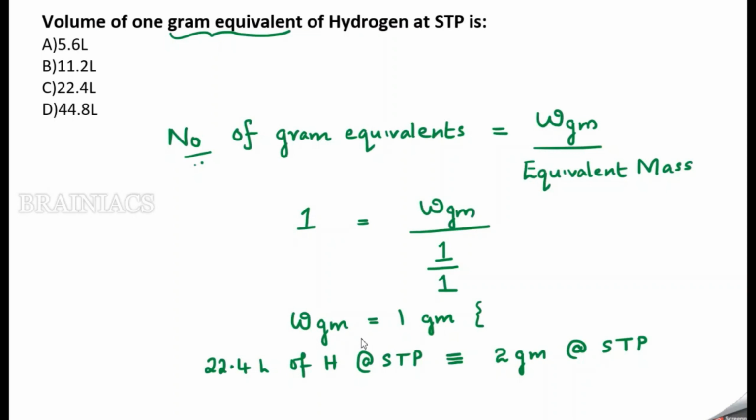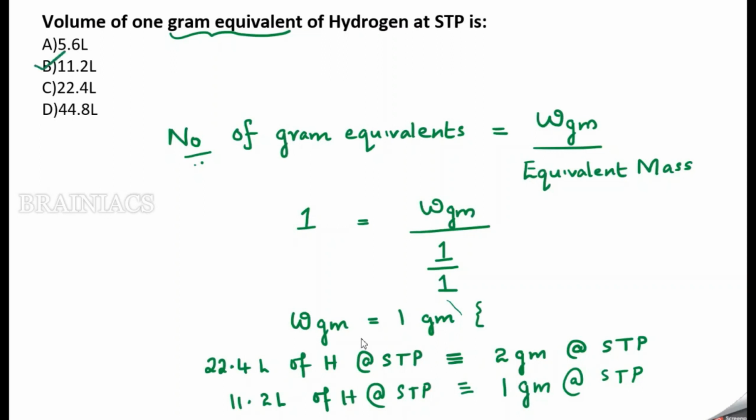So at the end of the day, I need to find out what is the volume occupied by 1 gram. So how can you make 2 gram to 1 gram? Divide by 2. So this will become 1 gram at STP. So divide on the LHS also by 2. So this will become 11.2 liter of hydrogen at STP. So I got the answer. 1 gram is occupying a volume of 11.2 liters.